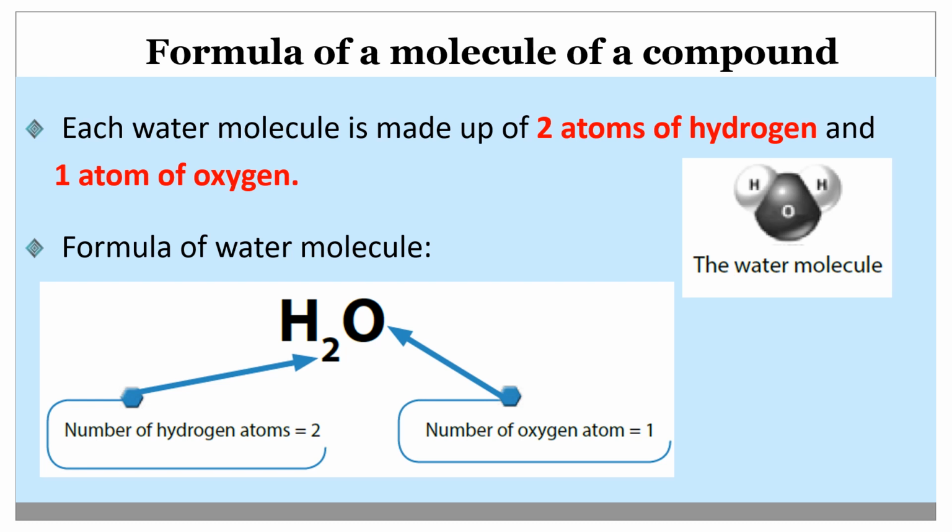So it represents two atoms of hydrogen. You can also see that after the symbol O, there is no subscript. In fact, a subscript 1 is not written in a formula.